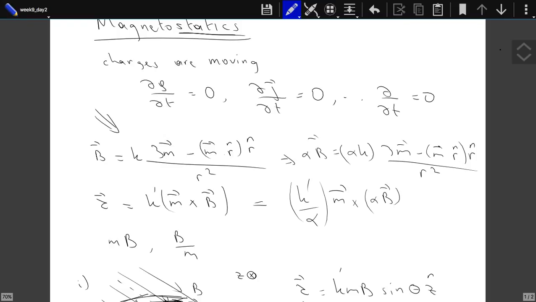Which unit should it have? Because by just choosing this parameter alpha and redefining b by alpha b, I can change the unit of b. If alpha is something that has a unit, then I can always redefine the unit of b. What would be your choice of the unit of b?